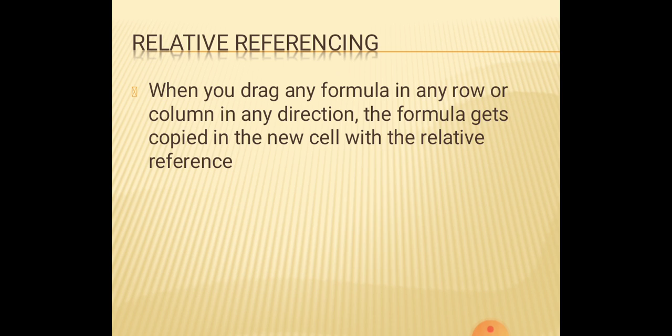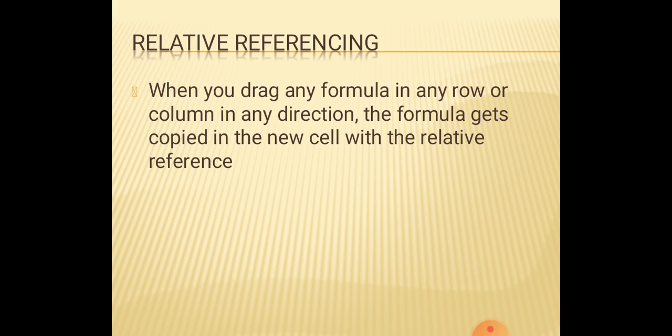So relative referencing is nothing but this: when you drag any formula in any row or column in any direction, the formula gets copied into the new cell with relative reference, as we have done with the autofill handle. As I said, once you type a formula in a cell and drag the autofill handle icon, it will copy the same formula to the neighboring cells, right?